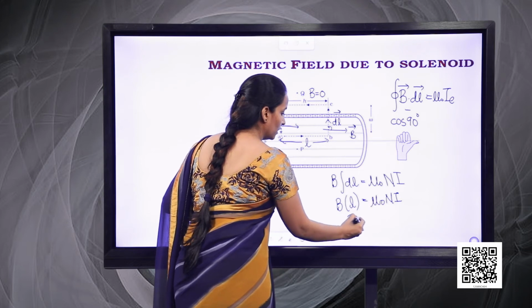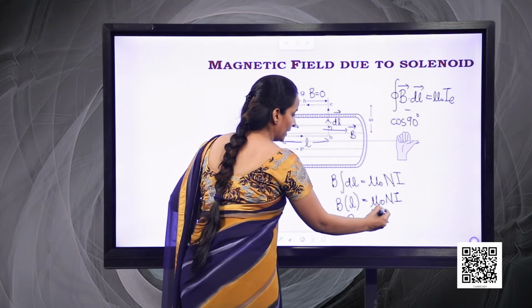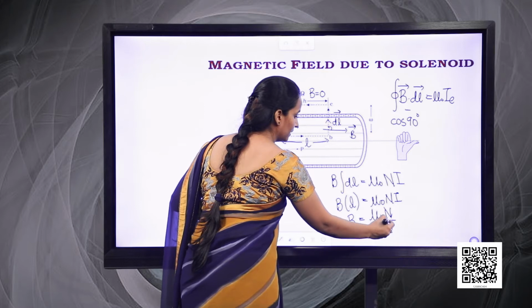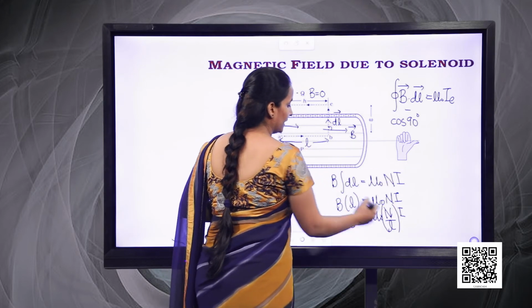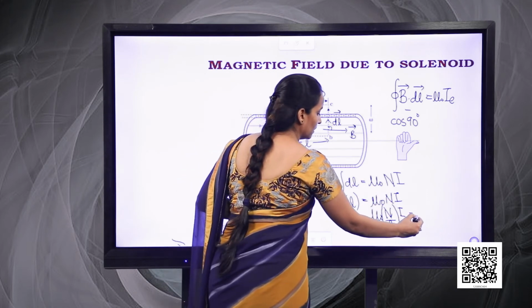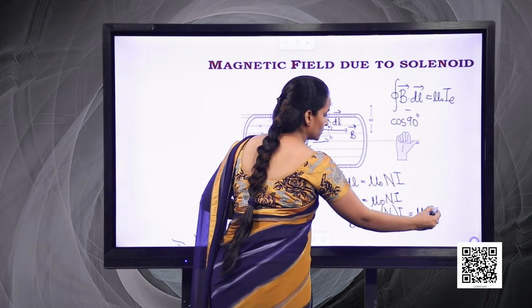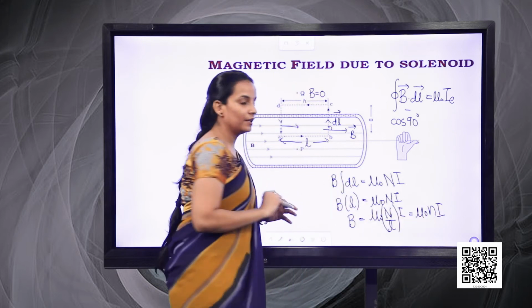And I will write B equals mu naught N, taking L on the right hand side, this is N by L, and this N by L is nothing but small n, which is the number of turns per unit length.